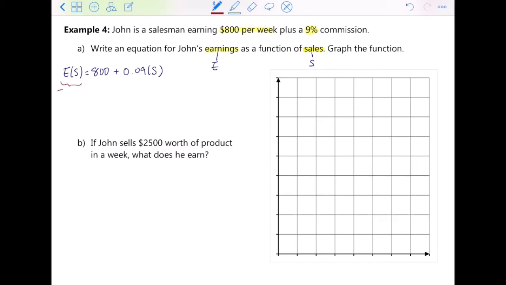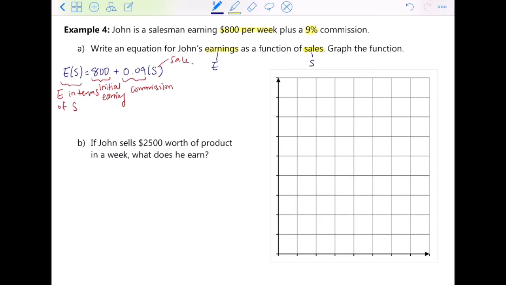This is in terms of S, earning in terms of S. 800 is the initial earning, and this 0.09 is commission. And S stands for sale.